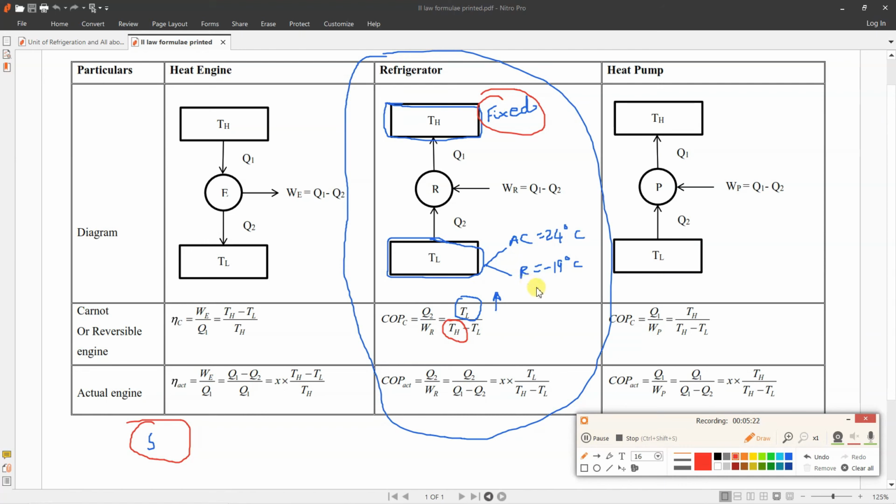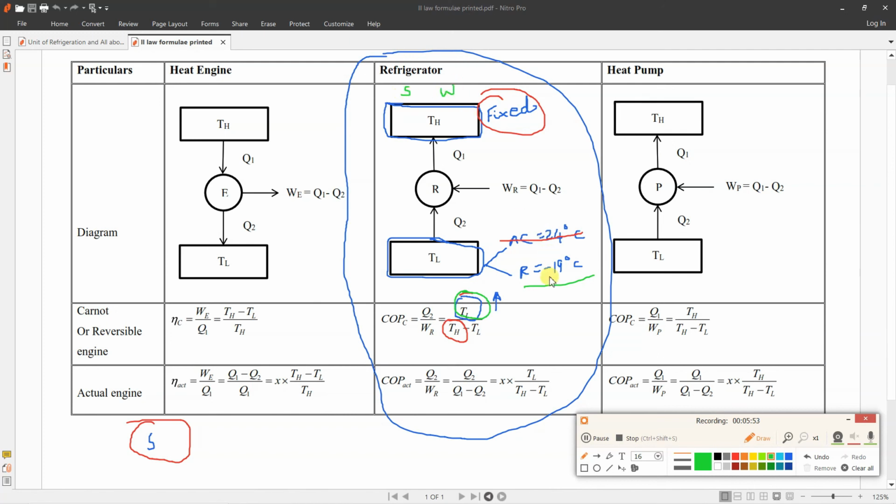One more thing, we'll go back to the previous question which I had asked. Suppose we are keeping the application the same, we are cancelling this AC and just keeping the refrigerator, so we are fixing T low, but we are changing the surrounding, summer season or winter season.